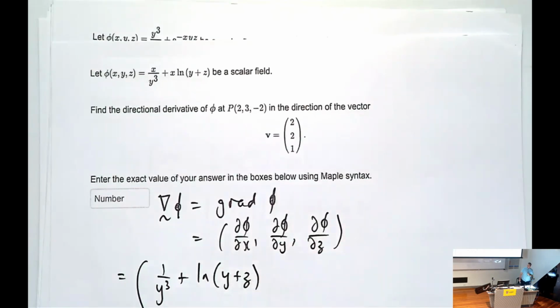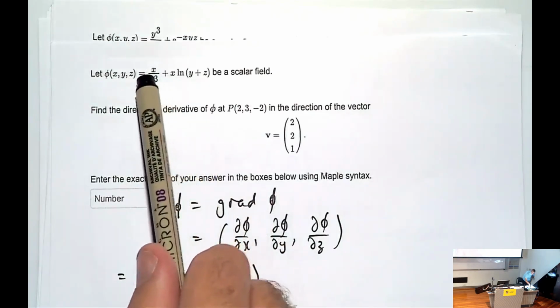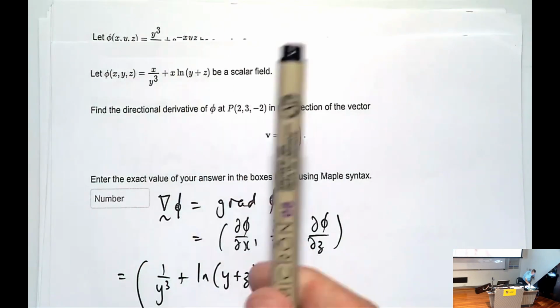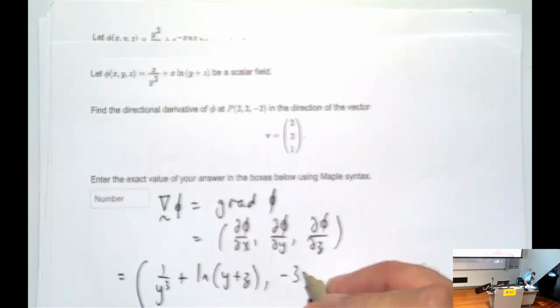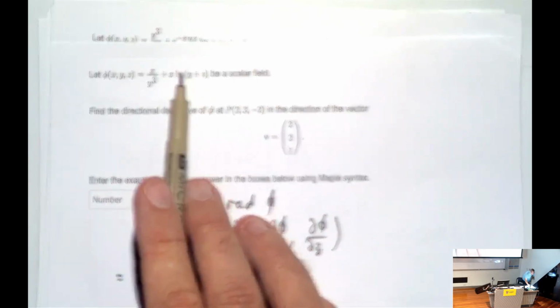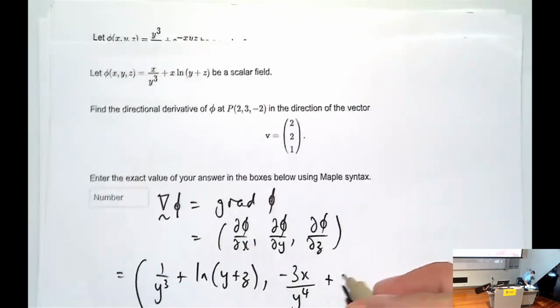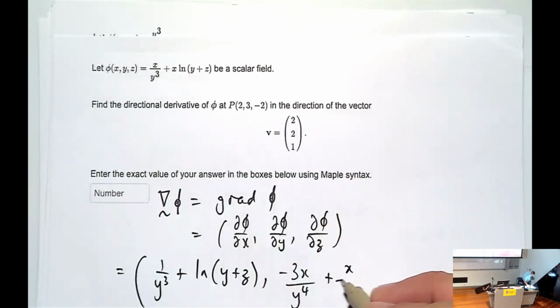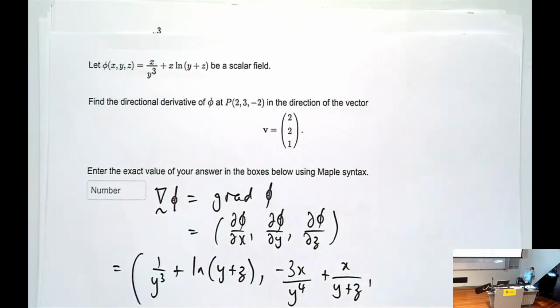Tell me if I make a mistake. D phi dy. So that's going to become -3, something like that. And there's also a y in there. So it's going to become x over y plus z. I think that's right. I'm differentiating a logarithm.